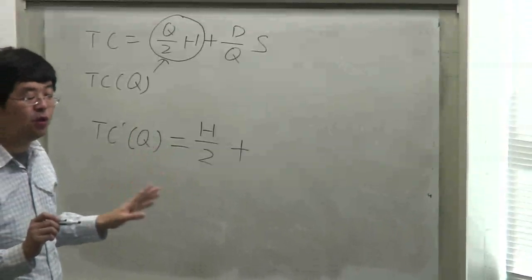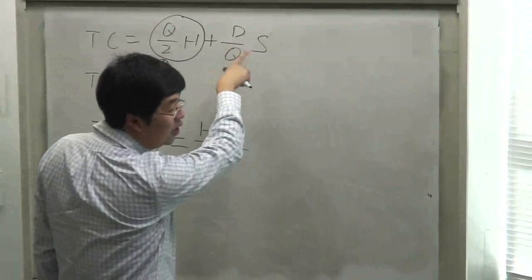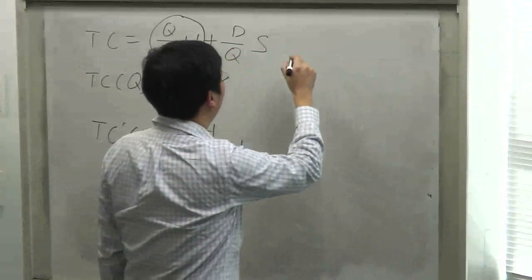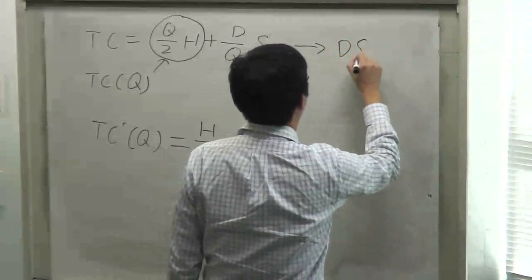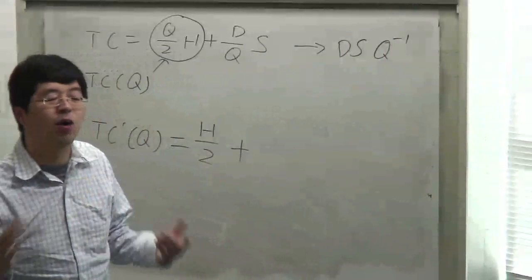I'm not sure whether you guys still remember the rule. If we rewrite this function, it is DS times Q to the negative 1. Q to the negative 1 means 1 over Q, right?